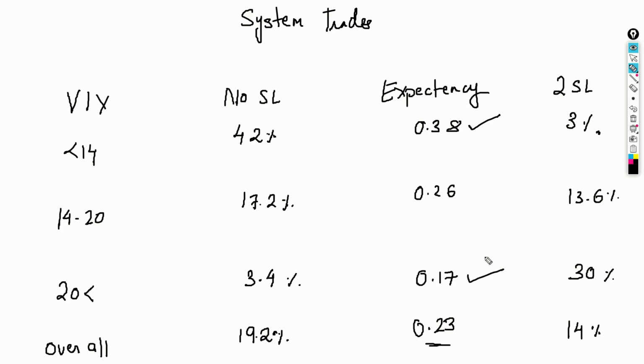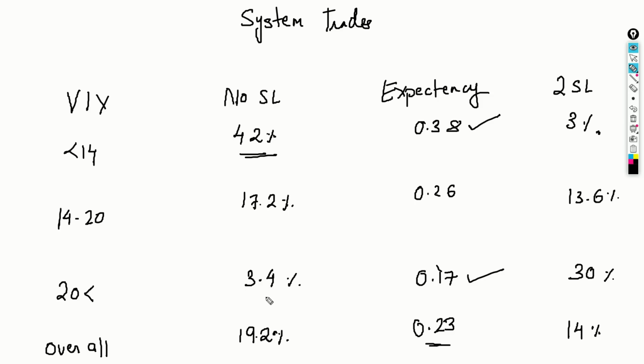The same strategy is performing more than 2 times better when the VIX is under 14 compared to VIX being over 20. And not just that, when we actually look at the days when no stop losses were triggered. So when VIX is under 14, there are close to around 42% days when no stop loss actually got triggered.